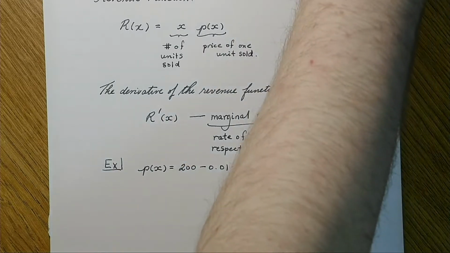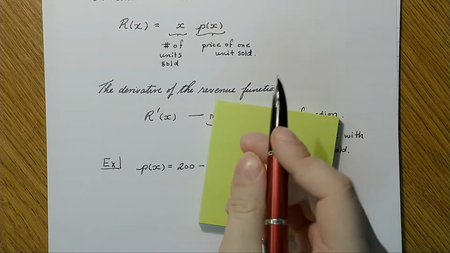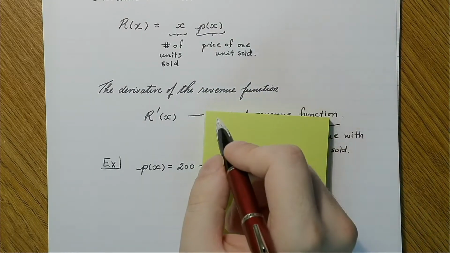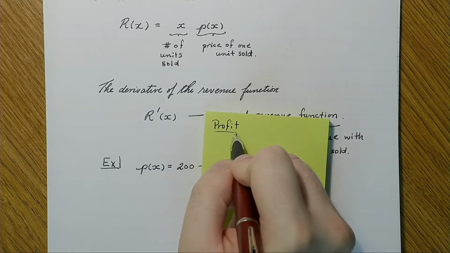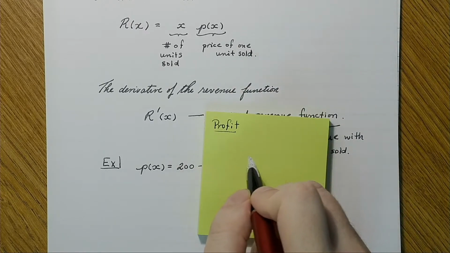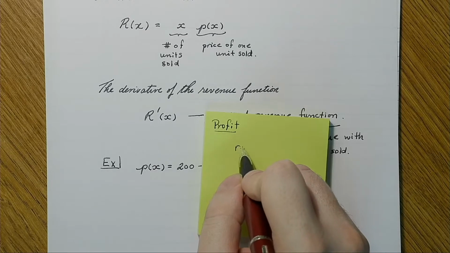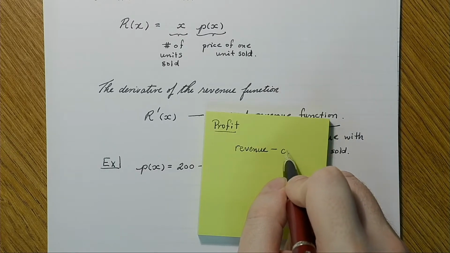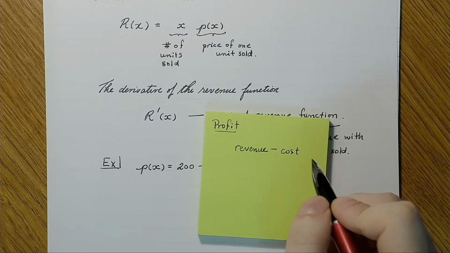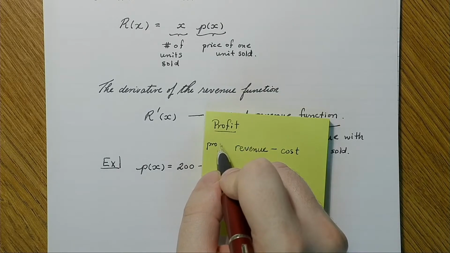And of course, not to jump the gun, but we have profit. And what's profit? It's the leftover money. The leftover money from when we have our revenue, and we have to take away our costs because we have to pay our bills, and that is the profit.